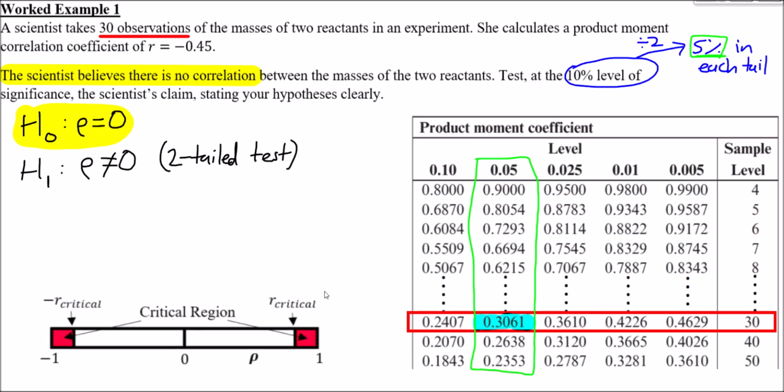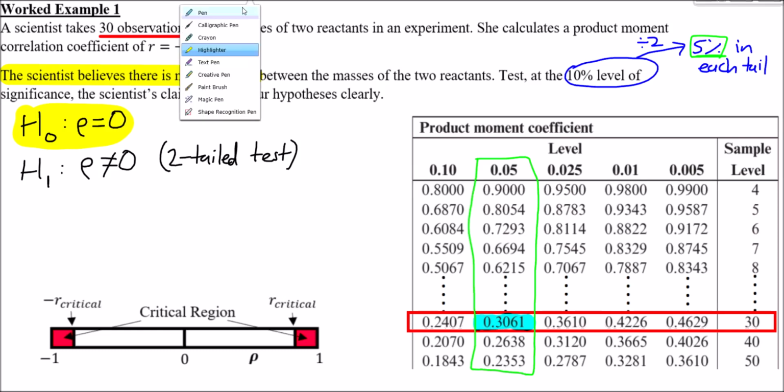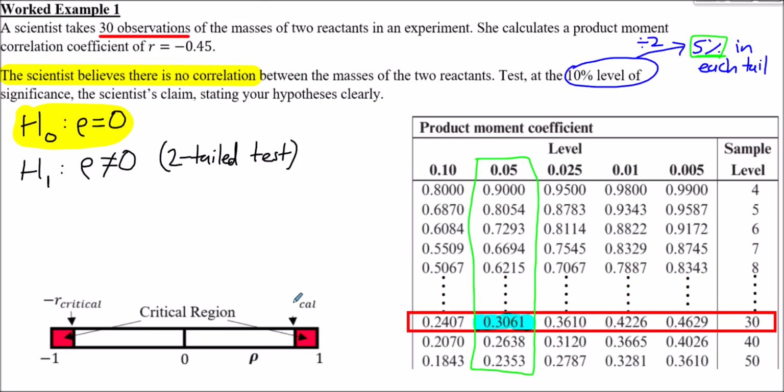Okay, so the critical value we've got is 0.3061. So I can actually swap out this and include what it is. So the critical value is 0.3061. Therefore, minus r critical is going to be minus 0.3061.